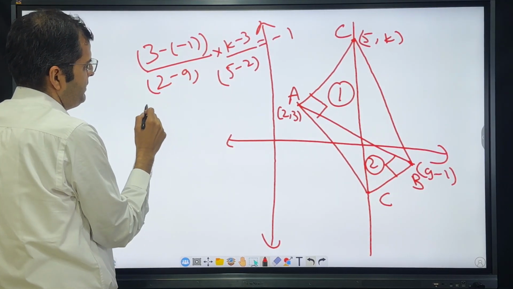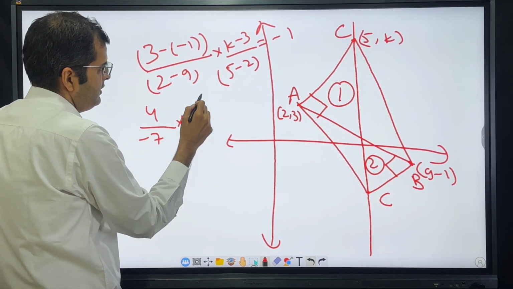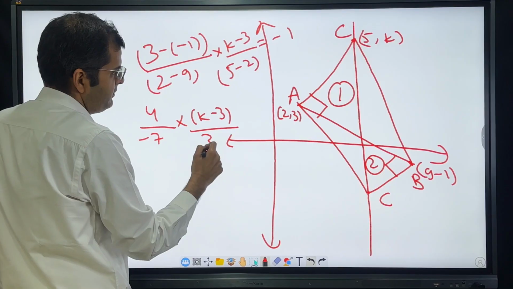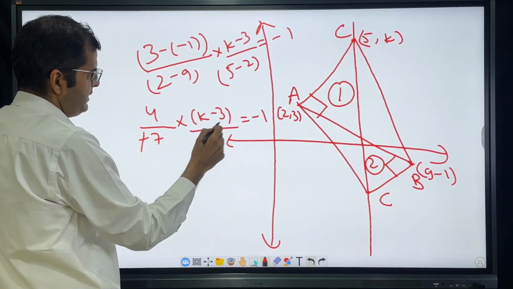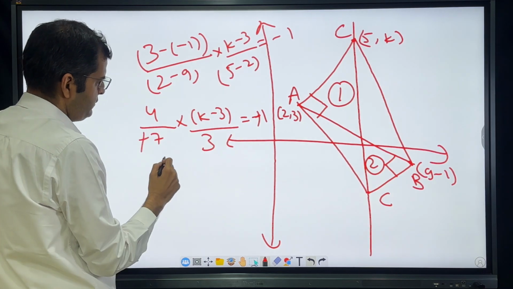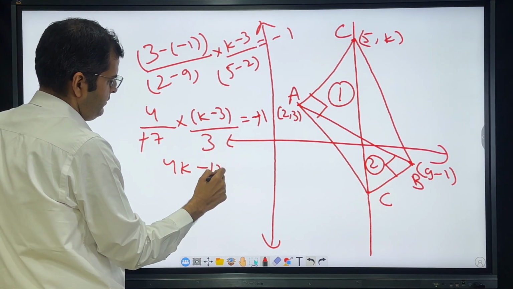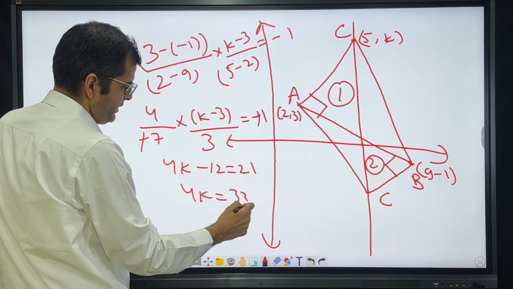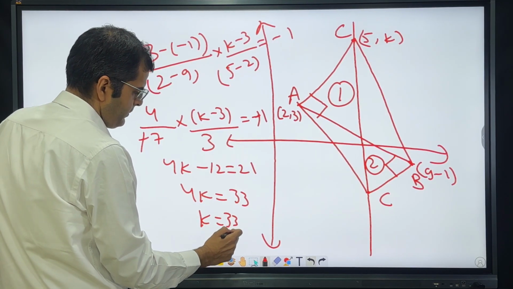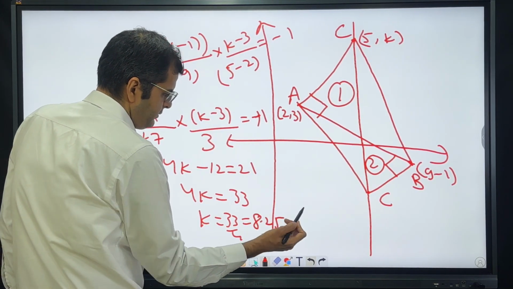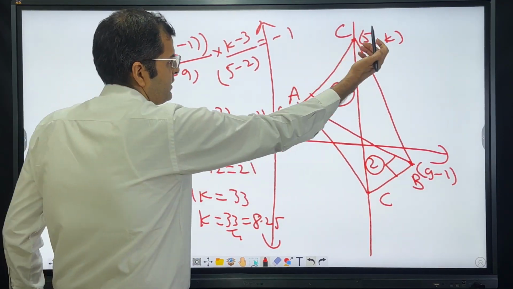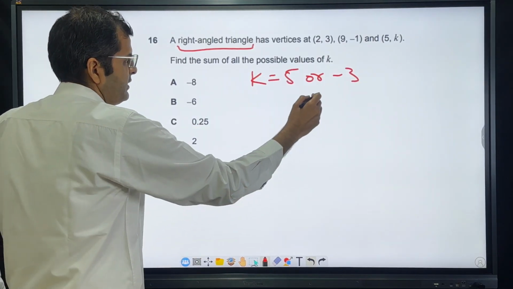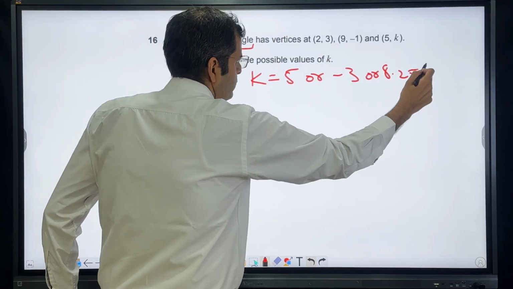So 3 minus -1 is 3 plus 1, which is 4. 4 upon -7 into (k minus 3) divided by 3 equals -1. This minus goes away. What I am left with is 4k minus 4 times 3, which is 12, is equal to 21. Or 4k is equal to 21 plus 12, which is 33. Or k is 33 by 4, which is 8.25. So I can get k as 8.25 here. So this coordinate becomes (5, 8.25). Okay. So another possible value of k is 8.25.